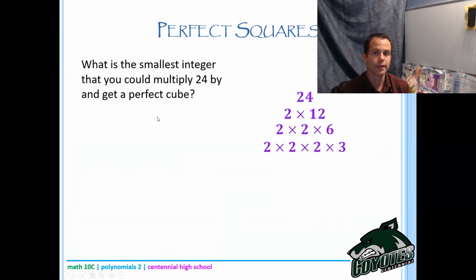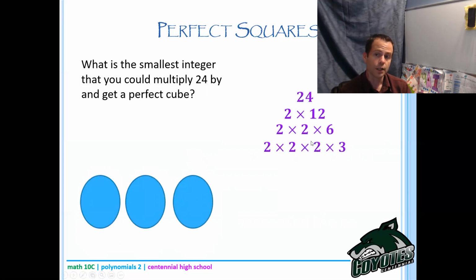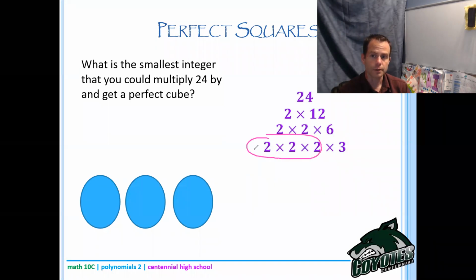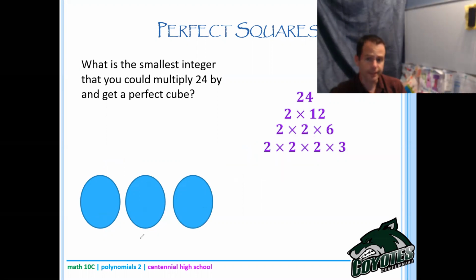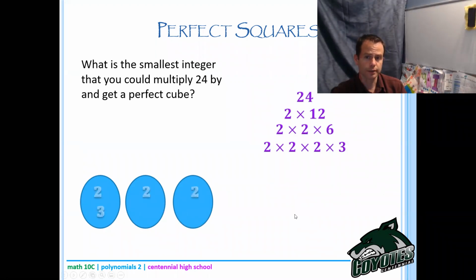Now, I know that if I want a perfect cube, I have to have 3 equal groups. Well, the 2s are nicely done already, right? If I have 3 2s, I can put 1 there, 1 there, 1 there, perfect. Now, I only have 1 3 though, which means I'm gonna put a 3 here, but I need to get a 3 there, and I need to get a 3 there in order for these numbers to be the same thing. So what I want you to see there is I'm missing 2 3s.